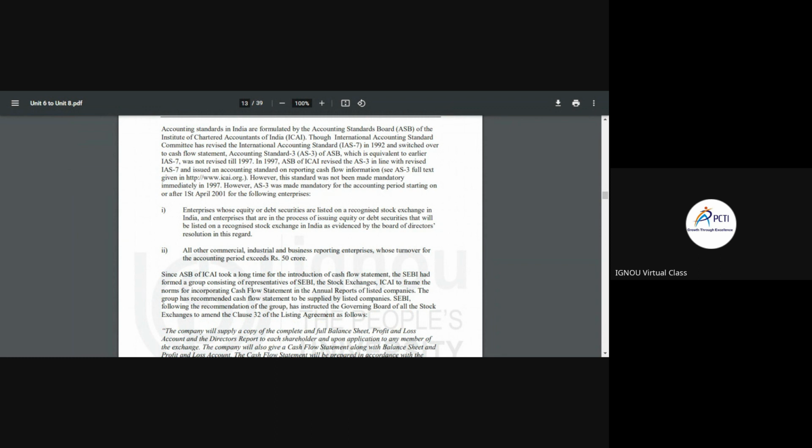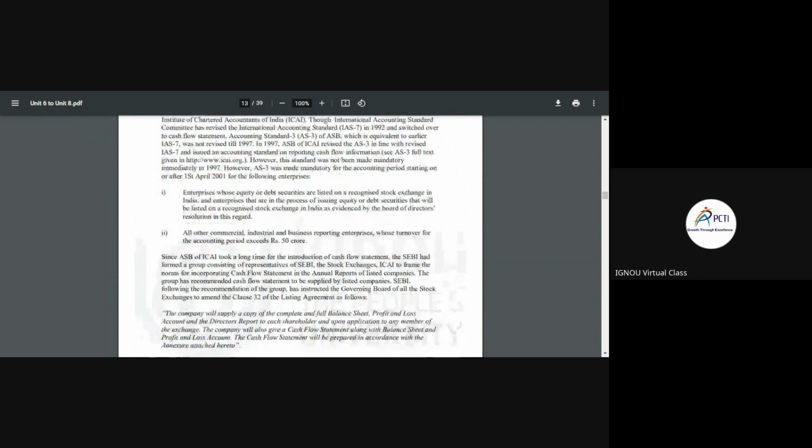And according to the ASB of ICAI, it took a long time for the introduction of cash flow statements, and SEBI had formed a group consisting of representatives of SEBI and the stock exchange, incorporating cash flow statement in the annual report of a listed company.